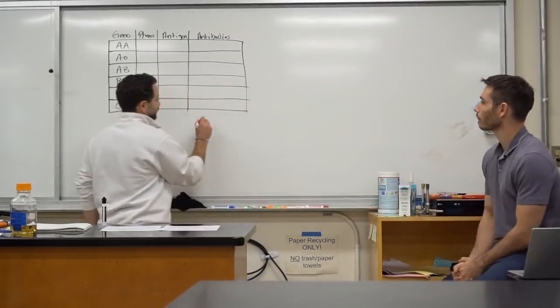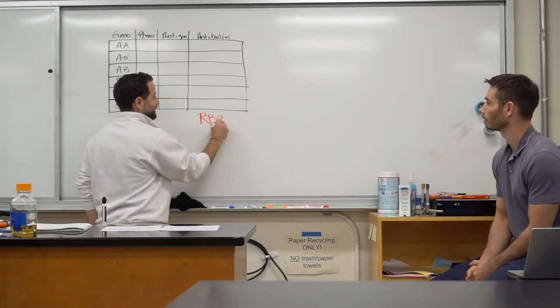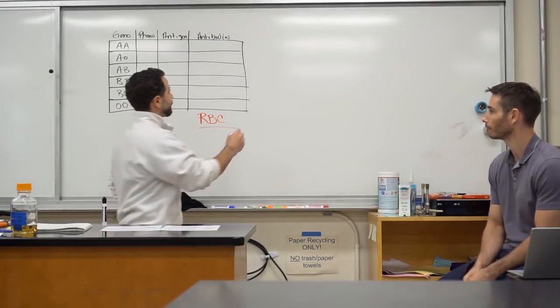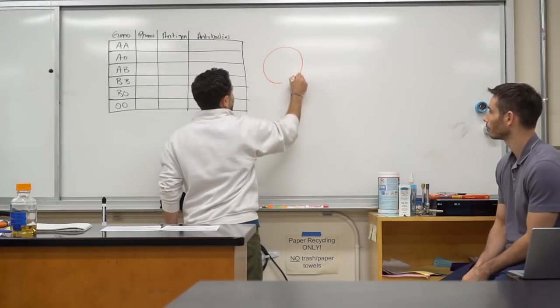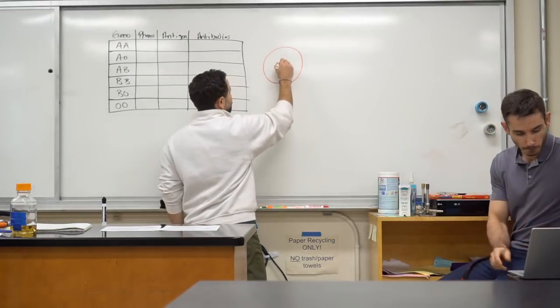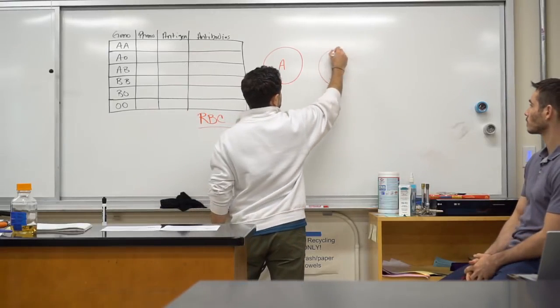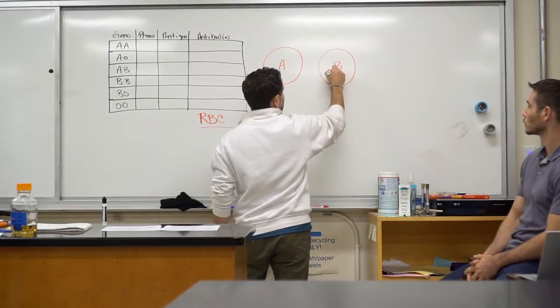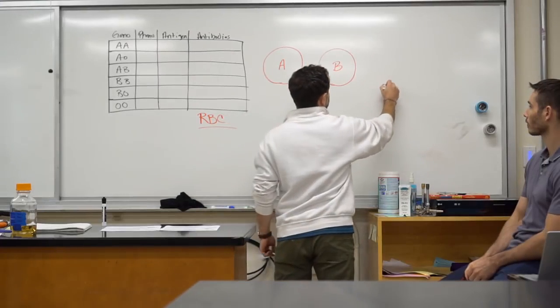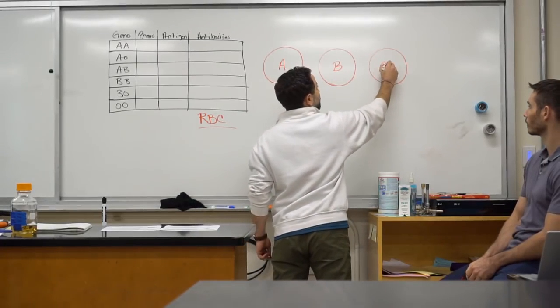So whenever you see this, RBC, red blood cell, this is going to be our A. This is going to be our B. This is going to be our AB.